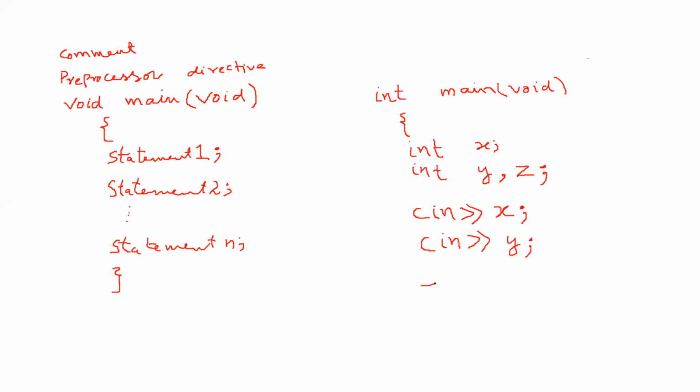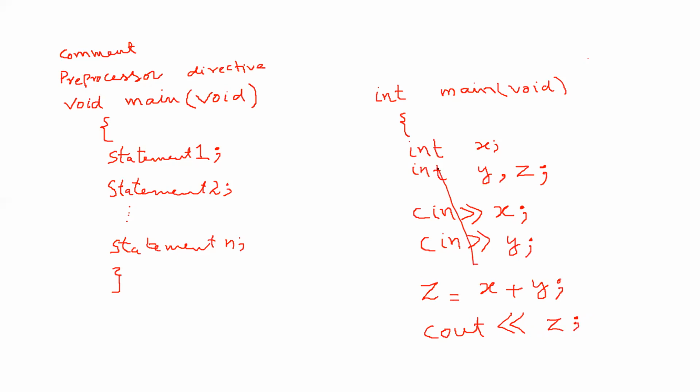Then I have a calculation statement, z is equal to x plus y. We have to add these two numbers, and then cout is the output statement, cout z. So you can observe we have an arrow towards the variable in cin, and we have an arrow towards cout in the output statement.